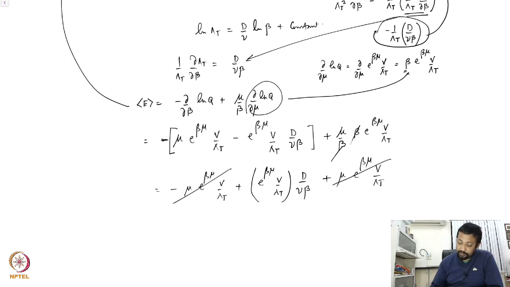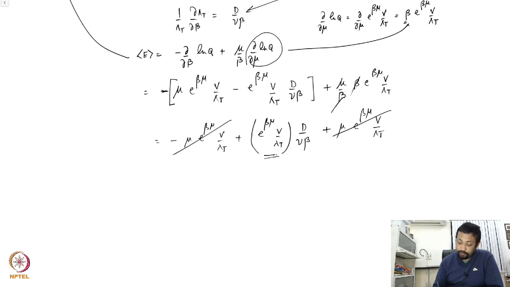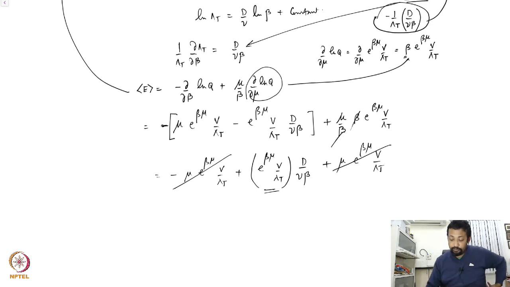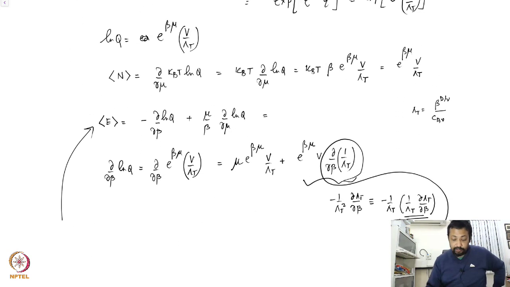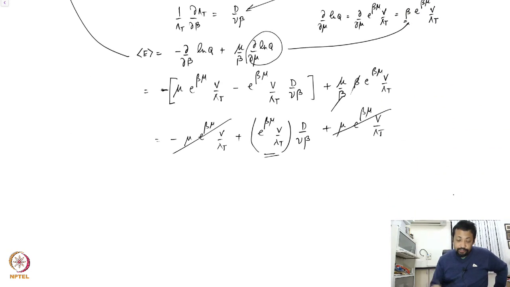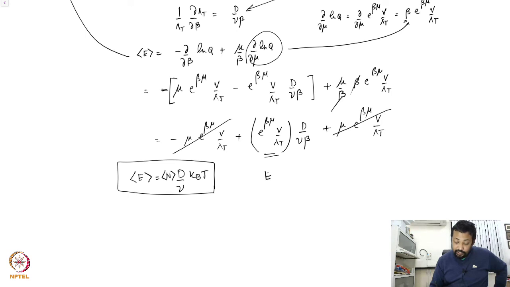This and this cancel out, and if you recall just a little while ago, the quantity within the parentheses is nothing but the average N. So essentially your average energy then becomes d over nu average of N times k_B T. In the canonical ensemble, you had N times d over nu k_B T because your N was fixed, right?